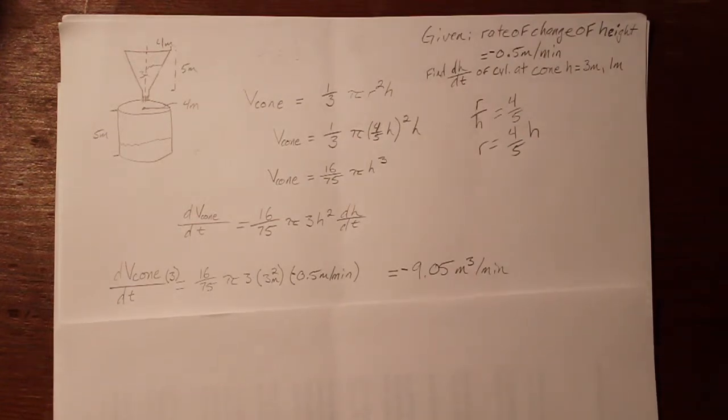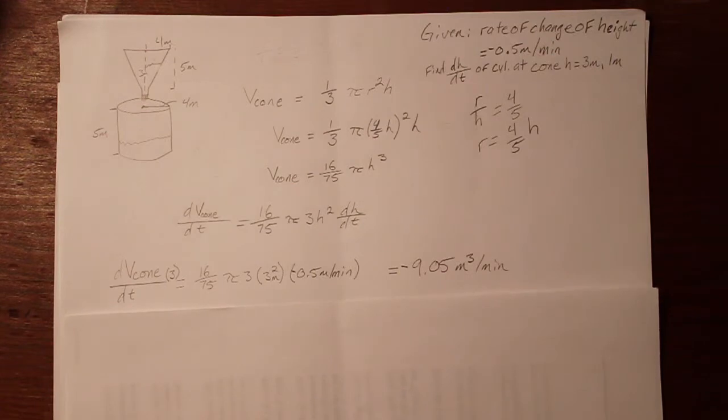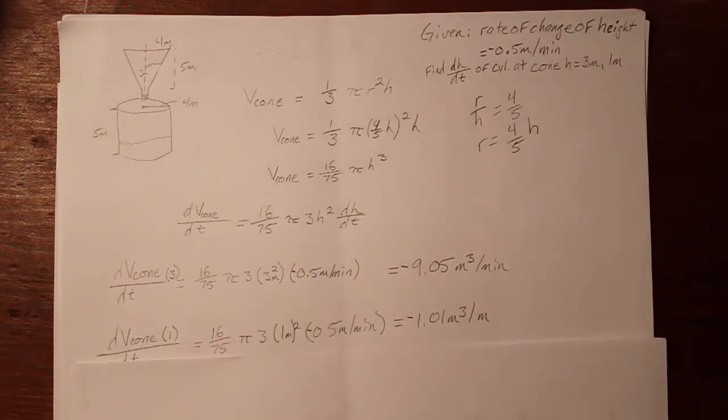Substituting our known values and solving at a height of 3 meters for the water level in the conical tank, we get a negative volume rate of 9.05 cubic meters per minute. And changing the height of the water to 1 meter, we get a rate of change of volume with respect to time of negative 1.01 cubic meters per minute.